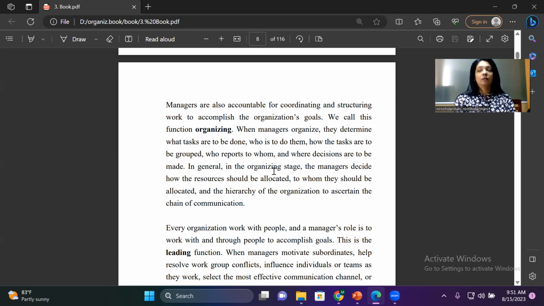You have to write down and briefly explain this. Whenever you look into a question, make sure you look at the marks for the question, because it's very important to focus on the marks.